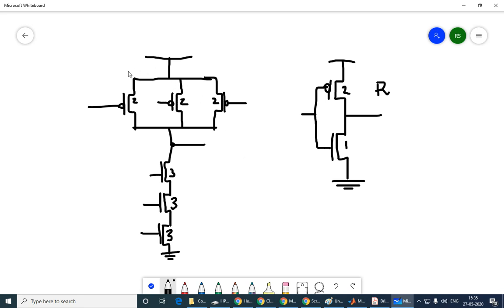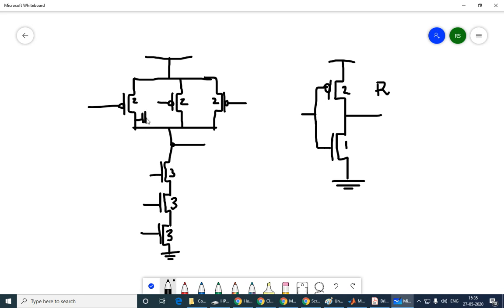So we will start with the top part, PMOS network. Now this terminal, this terminal, this terminal, all 3 capacitances we will not mark, because this terminal is already connected to VDD, and since the other terminal of the capacitance is also connected to VDD, there will be no need to mark that capacitance.